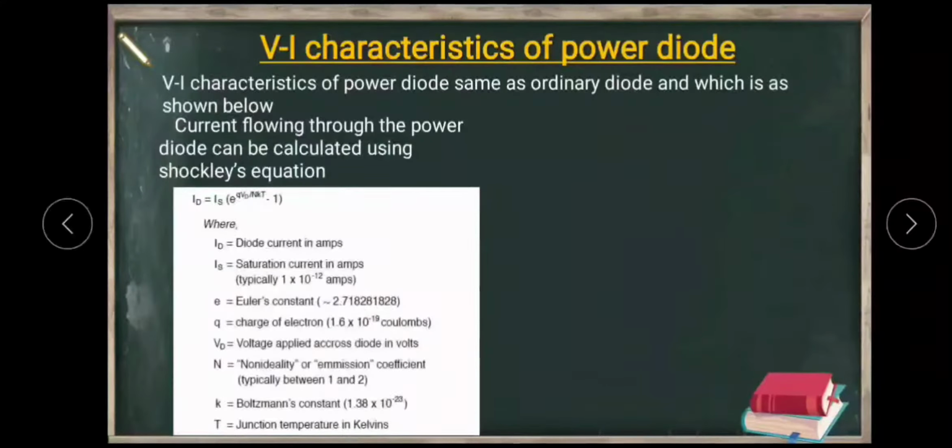N is a coefficient constant, typically with a value of 1 or 2. K is the Boltzmann constant, 1.38 into 10 to the power of minus 23. T is the junction temperature.